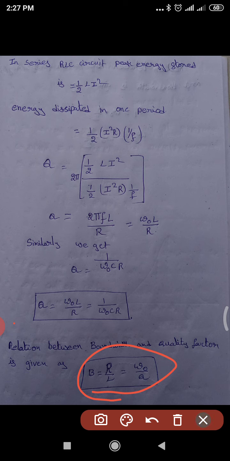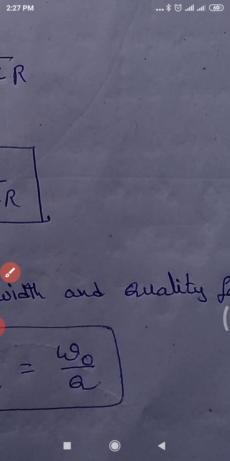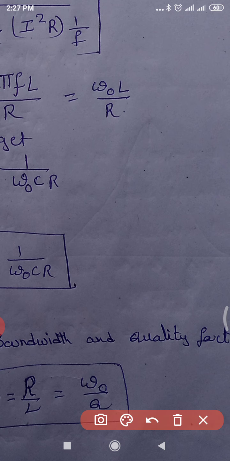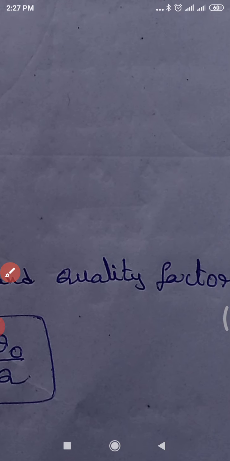That means indirectly we can write that omega naught is equal to bandwidth into quality factor.